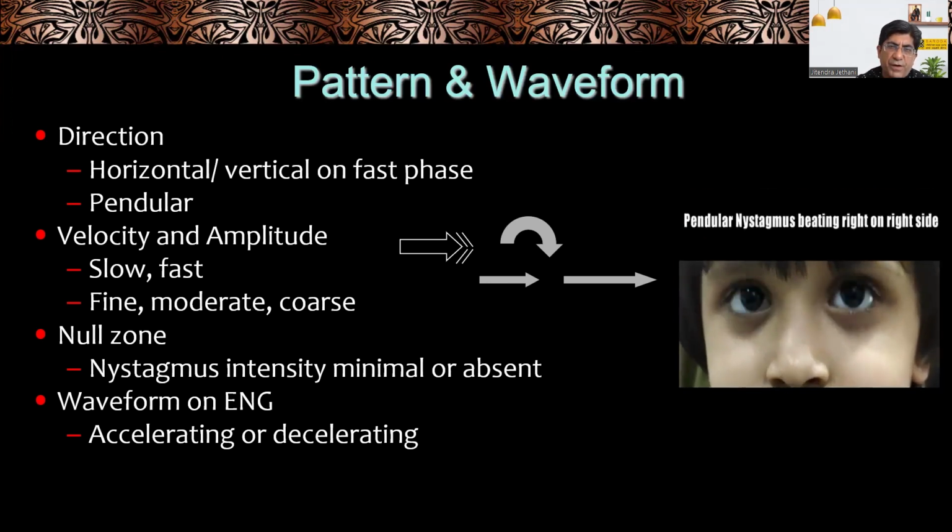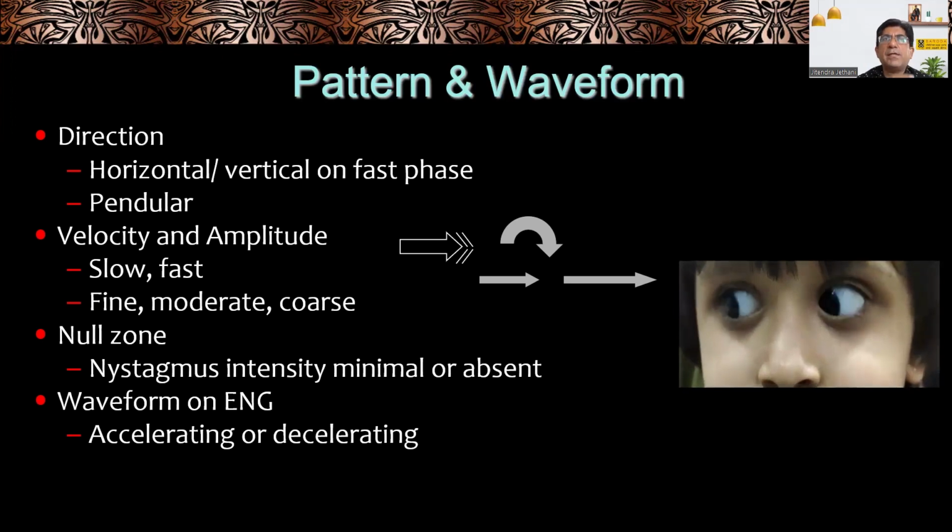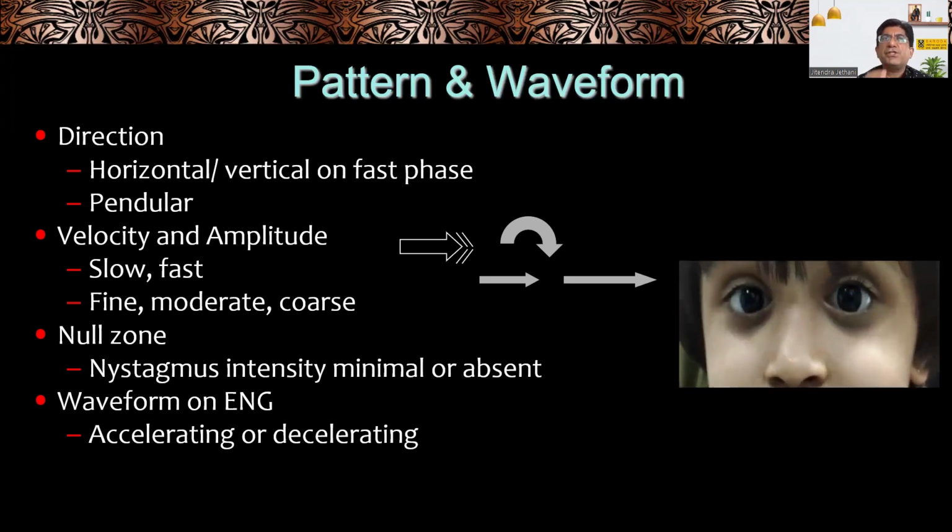You have to find out the fast phase, and then write left beating nystagmus, which essentially means that the fast phase is towards the left, and the slow phase is on the other side. Then you can say whether it is jerk nystagmus, which means that one of the movements is fast and there's a corrective slow phase.